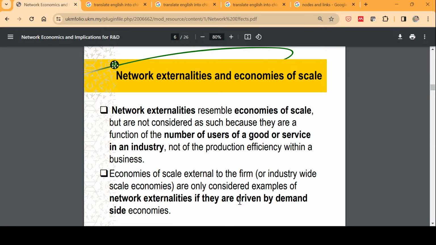A good's value to an individual is greater when many other people are using the same product. And it is common. Network externality has to do with the number of users.